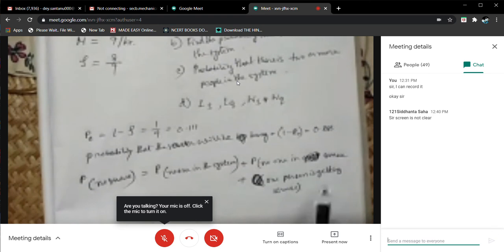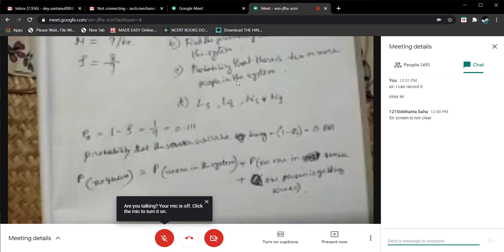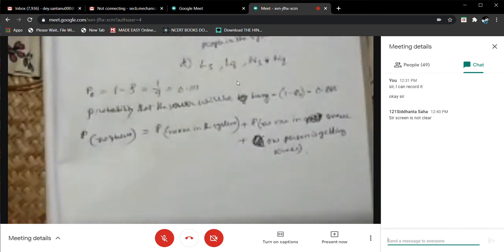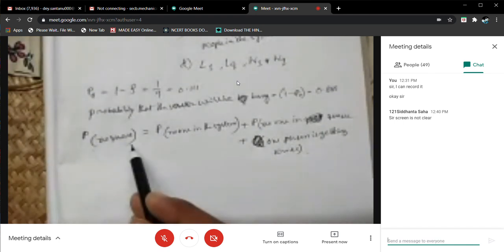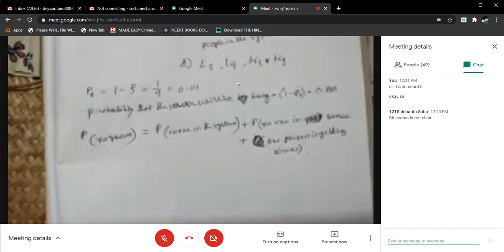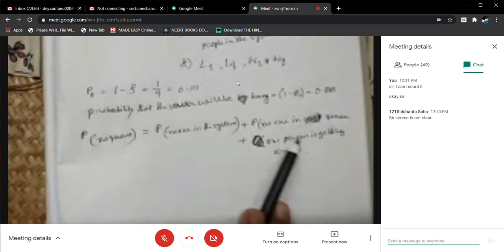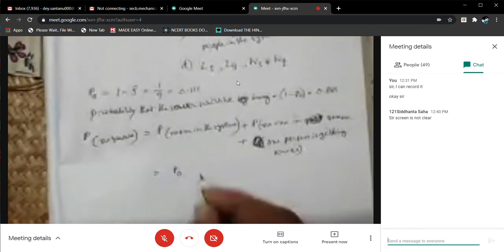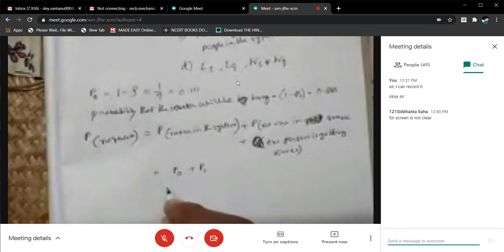We are discussing single channel, model 1. There are 4 models, and this is model 1, where we use a single service counter. So either there is no one in the system, or there is one person in the system and he is getting serviced and no one standing behind him. So this is basically probability of P naught plus probability of P1.